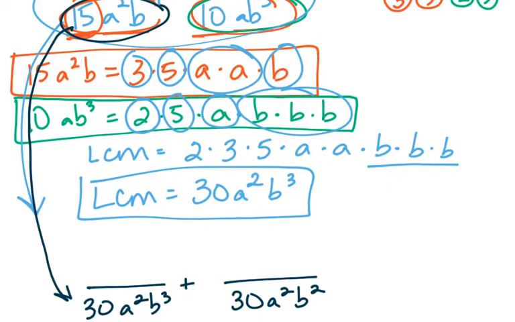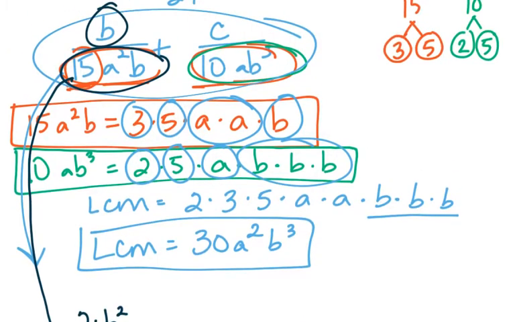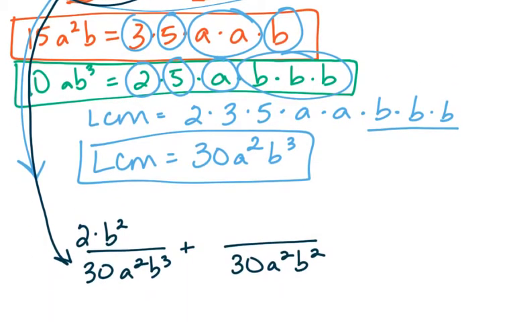So the 15 had to multiply by a 2. And the a squared is still represented, so I don't need to add any additional a's up top. And the b turned into a b cubed, so I added 2 more b's here, and we already had a b, so I'm going to just add that here.